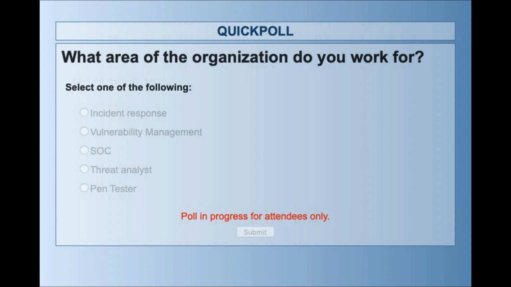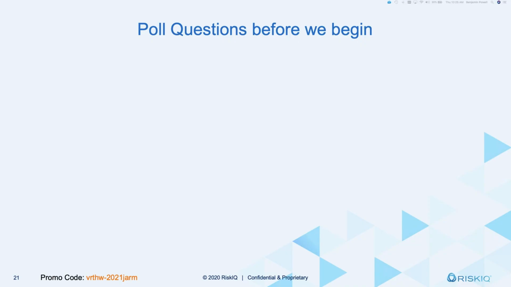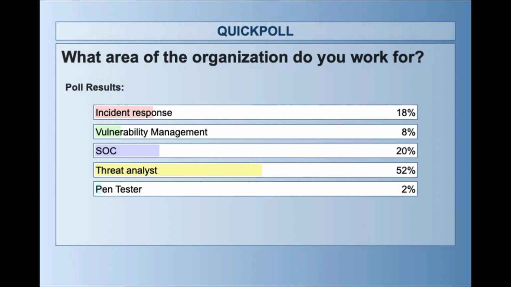I just like to know who's there, so we can change it up to match the audience that we have. Okay, so we have 18% incident responders, 8% vuln management, 20% SOC, 52% threat analysts, awesome, and pen testers, cool.